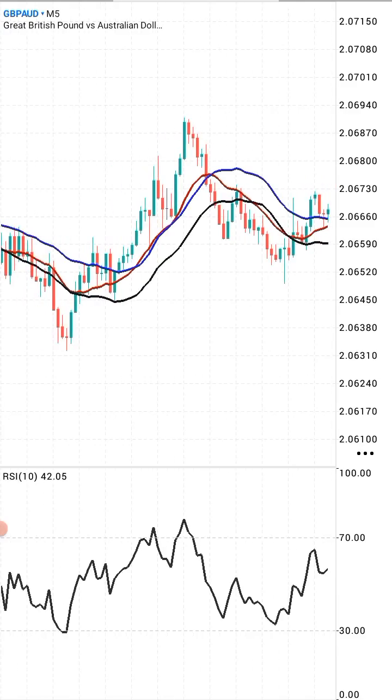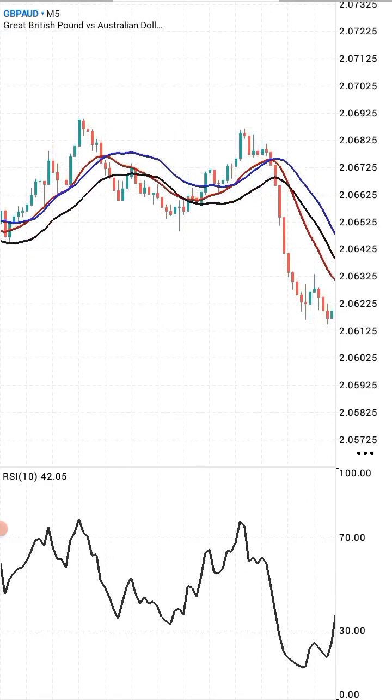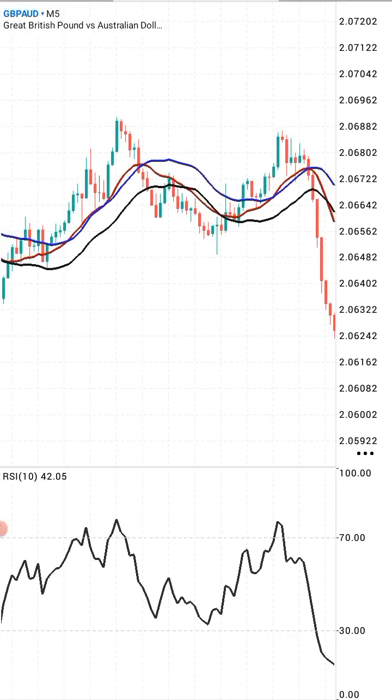This is very simple. Whenever there is a cross of the red line, you confirm it with your relative strength index. For example, look at what happened here. There was a cross of the red line with the blue line, showing that it's going for a sell. Look here, it's overbought.